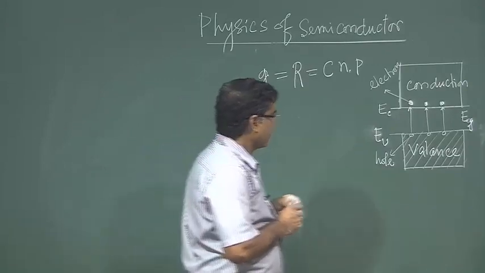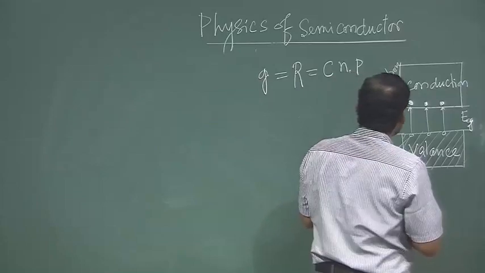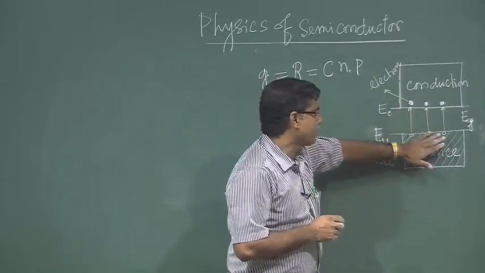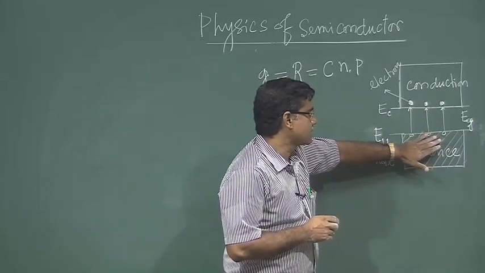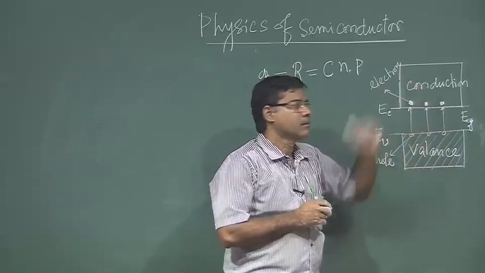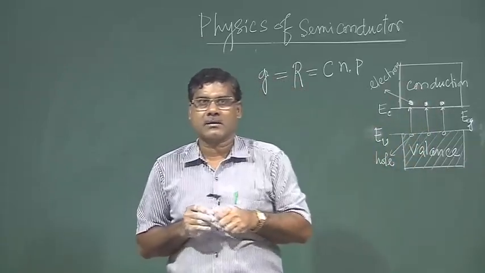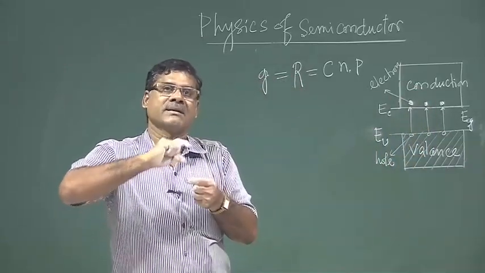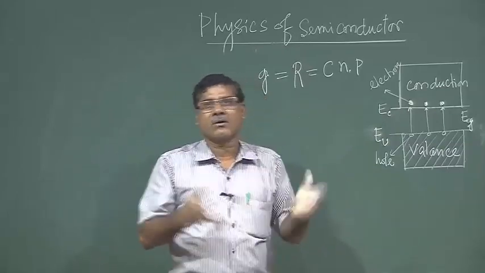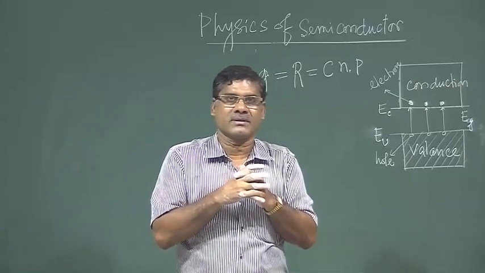Now, in principle, the hole concentration must be equal to the electron concentration, because all the time they are either generating as a pair or recombining as a pair.